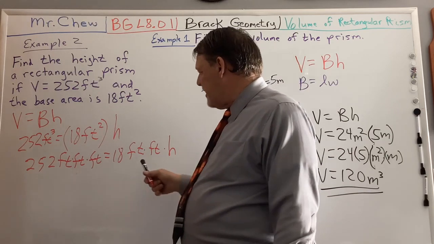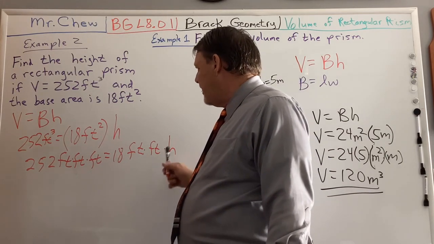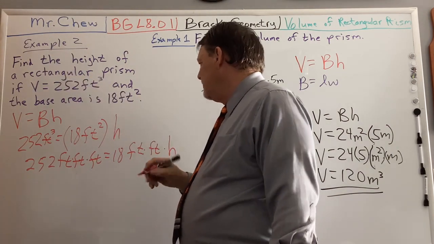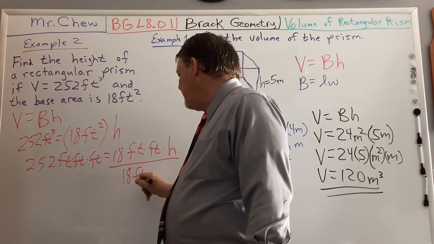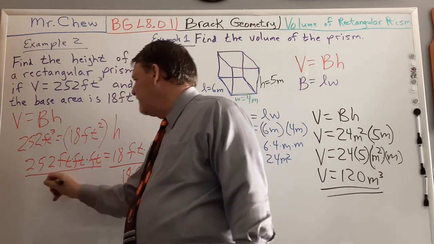Okay, so I need to get rid of the 18 feet times feet, or 18 feet squared, and just get my height, because it says find the height. So I divide by 18 feet times feet on both sides.